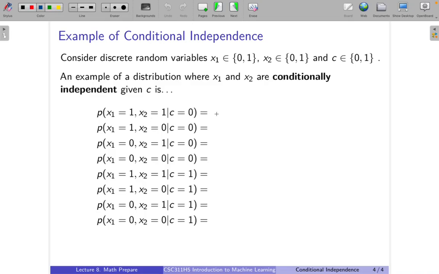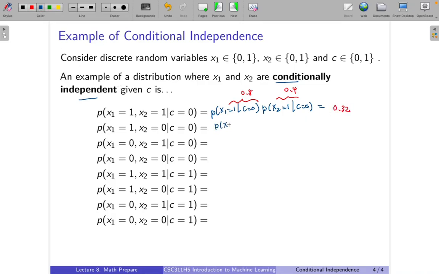Because we need this conditional independence, this first probability here, I should be able to decompose into these two terms. And I'm making up this distribution, so let's make up some numbers. Let's make this probability 0.8 and this one 0.4. So then the product is 0.32.